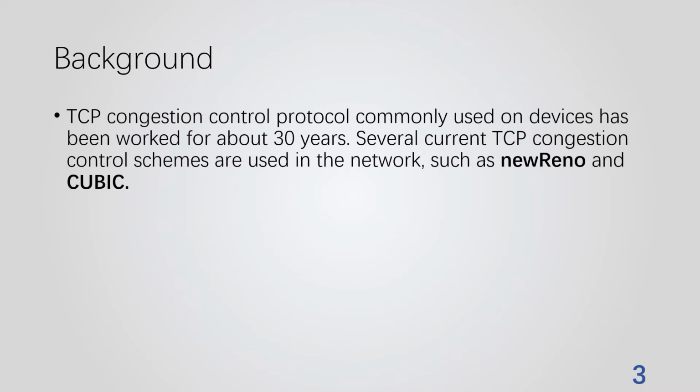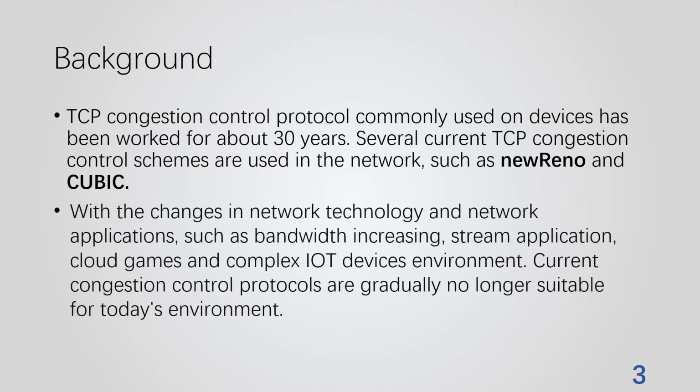The TCP congestion control protocol commonly used on devices has been working for about 30 years. Several current TCP congestion control schemas are used in the network, such as New Reno and Cubic. With changes in network technology and applications, such as increasing bandwidth, streaming applications, cloud games, and complex IoT device environments, current congestion control protocols are gradually no longer suitable for today's environment.